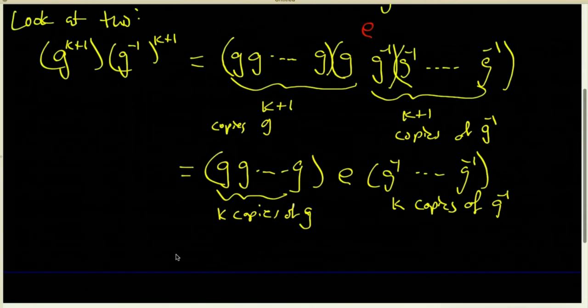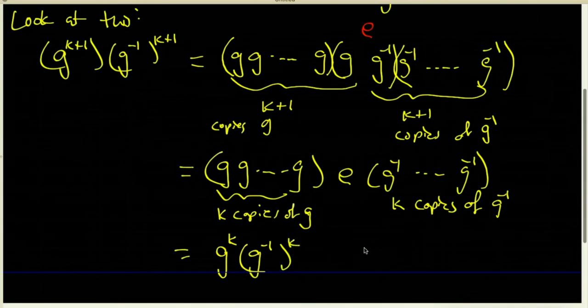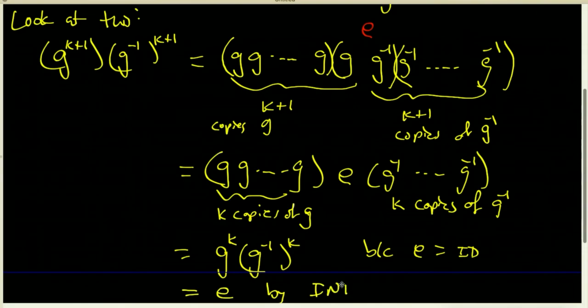And so what I now have is g to the k times g inverse to the k, and this is because E is my identity element, and so it drops out of that equation. But this particular product is equal to E by the induction hypothesis.